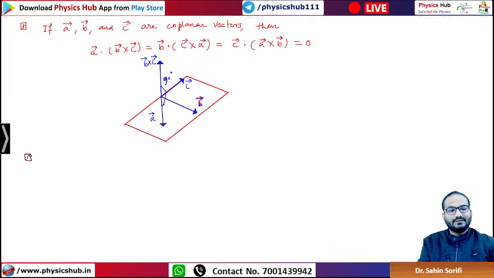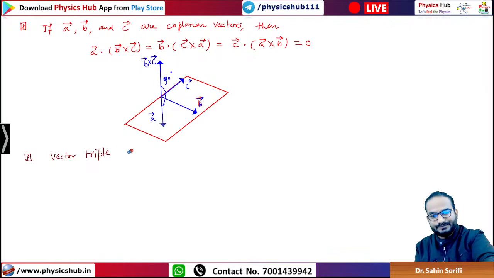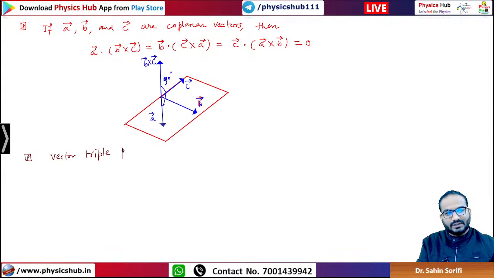Let us now go for the vector triple product. These are small things, but for the sake of completeness we have to cover them. Vector triple product is defined for 3 vectors and ultimately it gives you a vector.